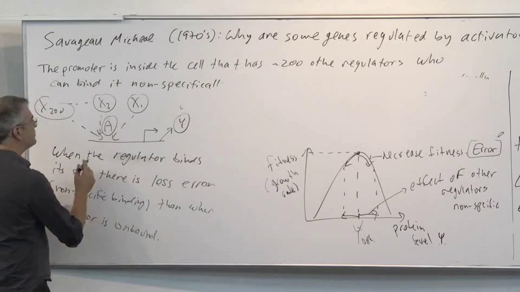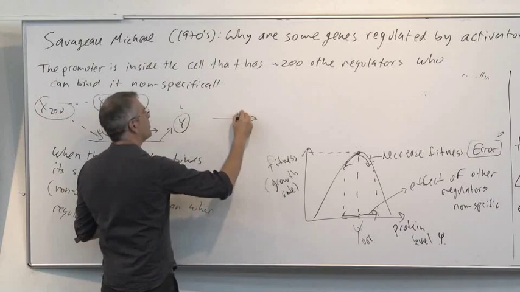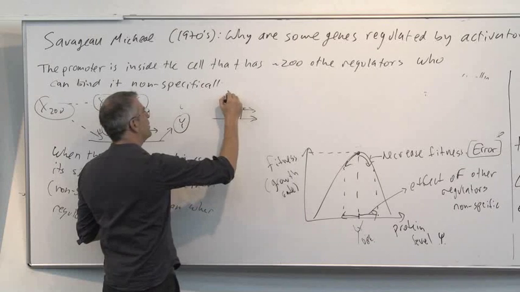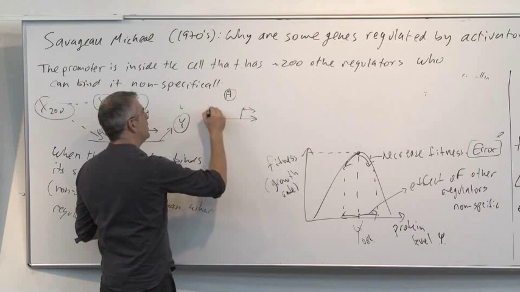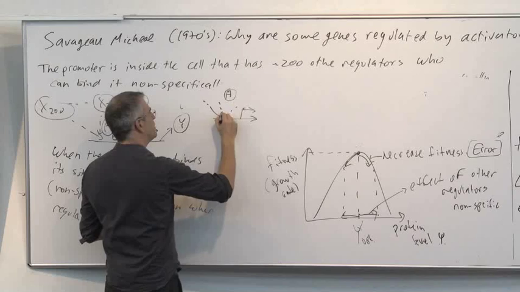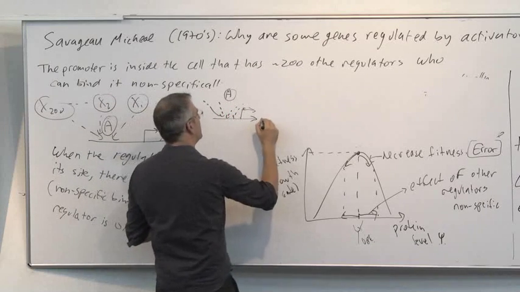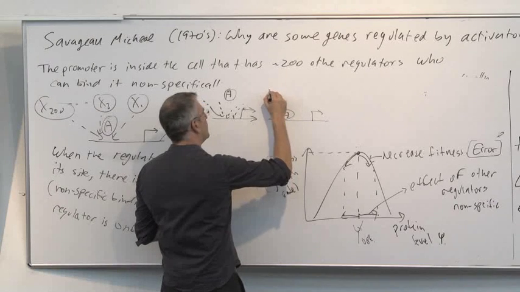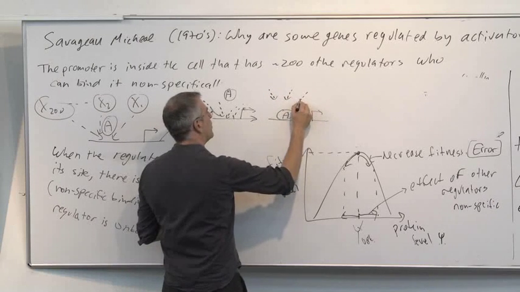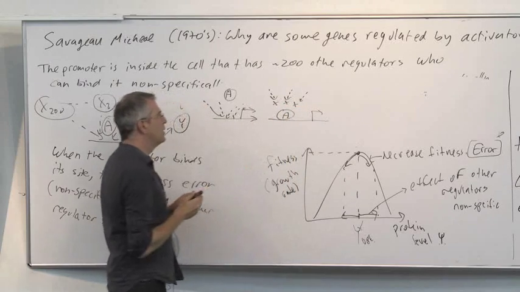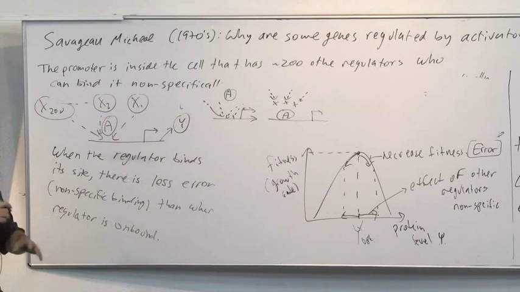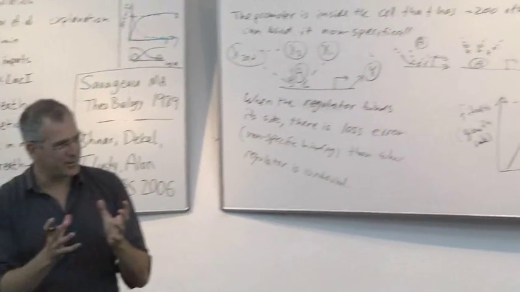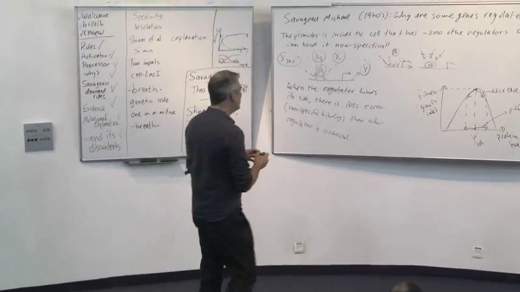In other words, when a regulator is unbound, you have all these non-specific binding possibilities. When the regulator is bound, these non-specific bindings less happen because you're sitting in your seat, basically. Okay, that's one piece of biophysics that we can agree on.